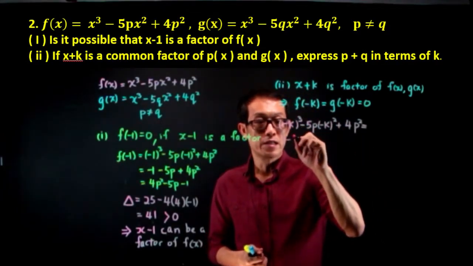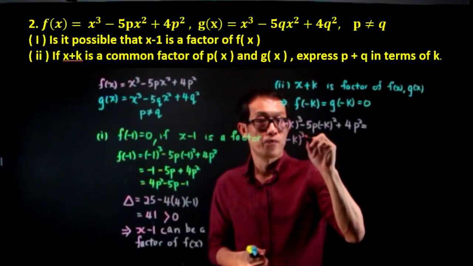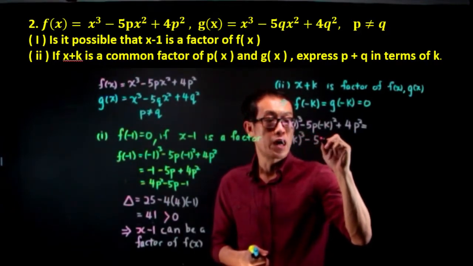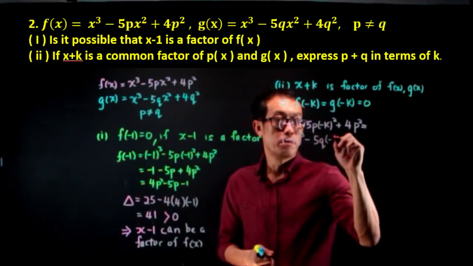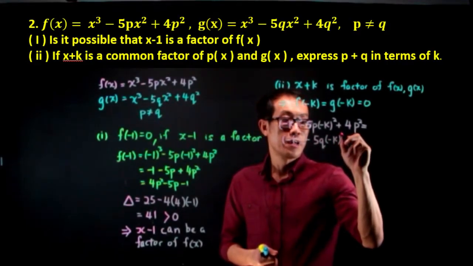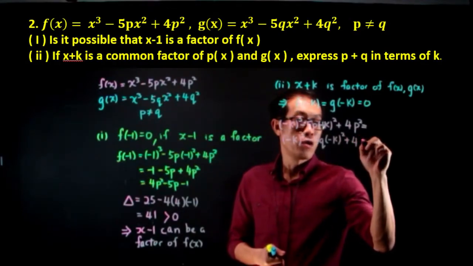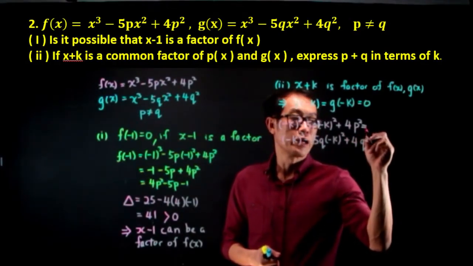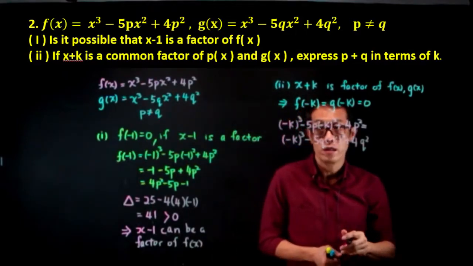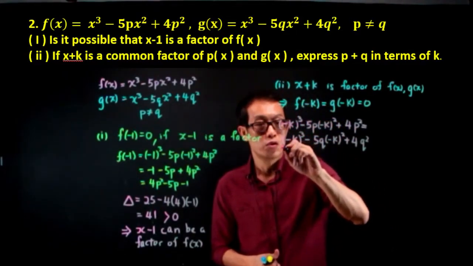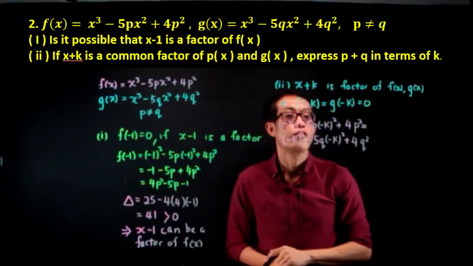It's also minus k cubed minus 5q minus k squared plus 4q squared. Alright, they are equal. So you find that these two you can cancel off.